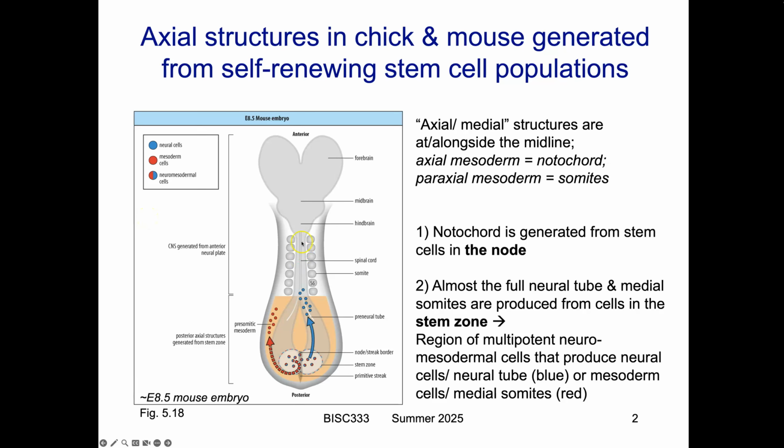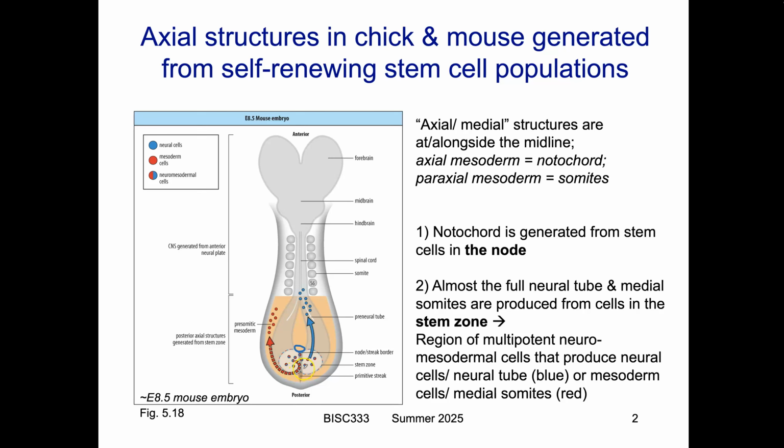So this is a mouse embryo kind of unfolded, because of course you remember that the embryo is a sort of a cup shape. And so the main thing to think about is the node, which is kind of in this region here.